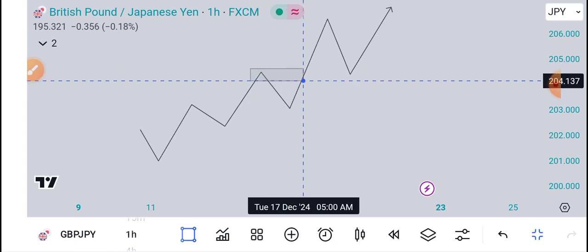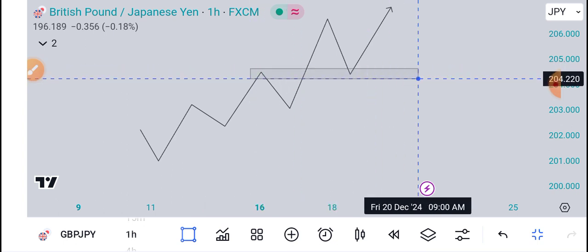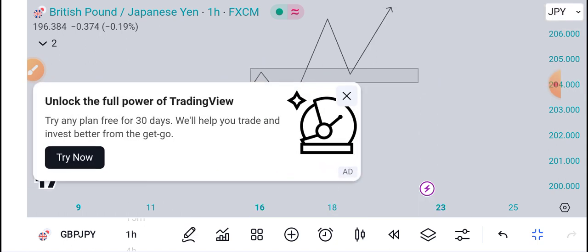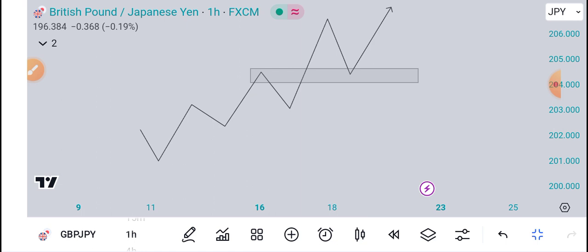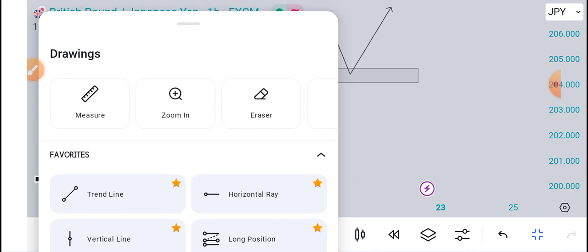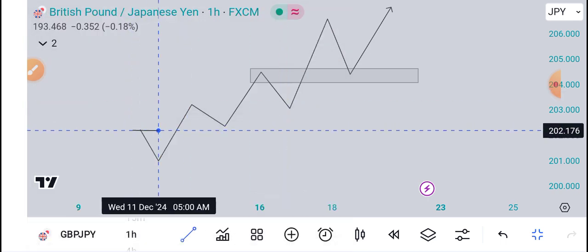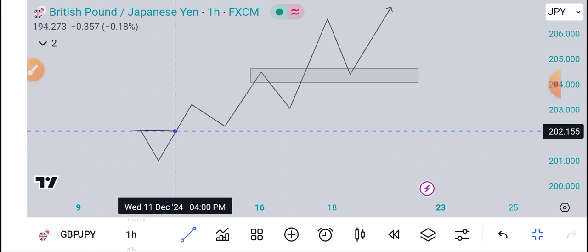I want to see a support turn resistance, or a resistance turn support. Now this is what I mean. Of course, you can see clearly here that we have a break of structure to the upside.